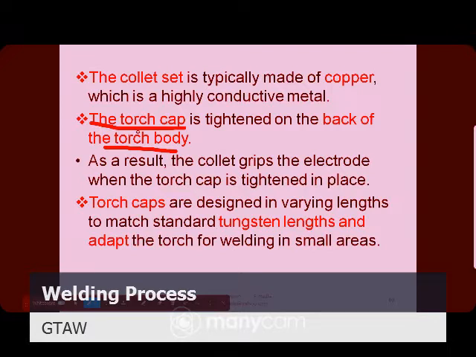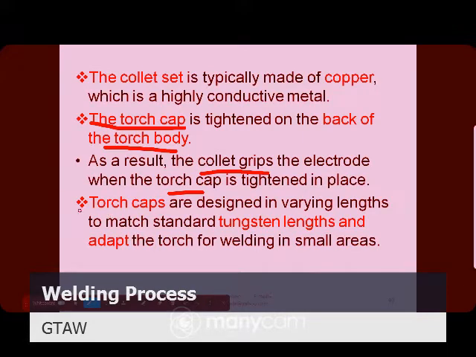It's important to understand the use of the torch cap. As a result, the collet grips the electrode when the torch cap is tightened in place. So this is also used for gripping the electrode. It allows the collet to grip the electrode.